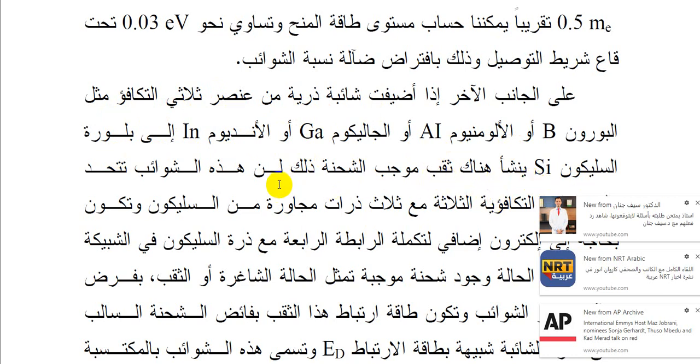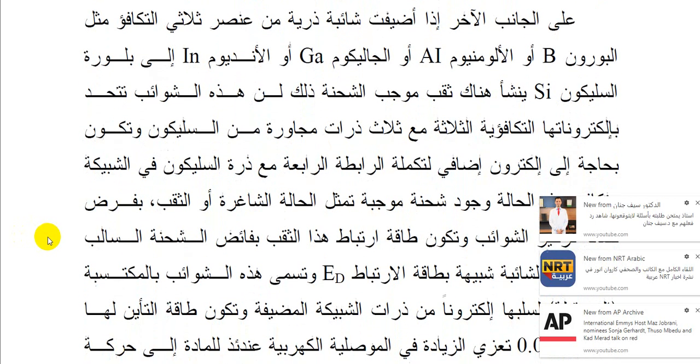The inclusions will be bonded by their 3 valence electrons with 3 adjacent silicon atoms, and will require an additional electron to complete the 4th bond with the silicon atoms in the lattice.